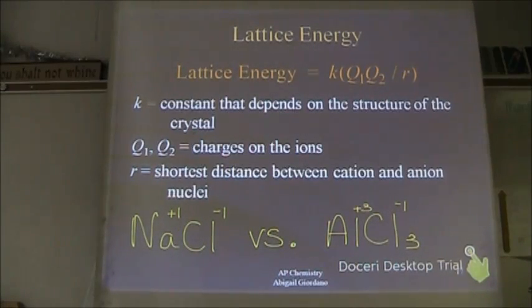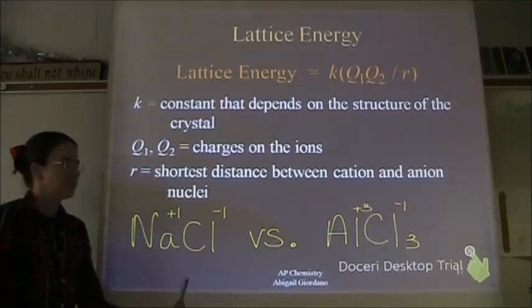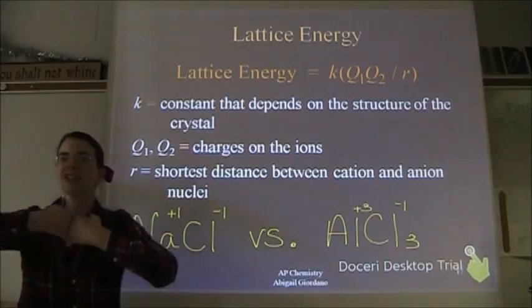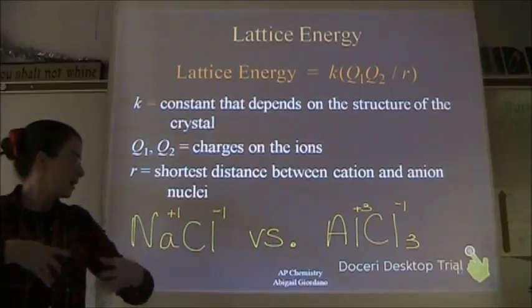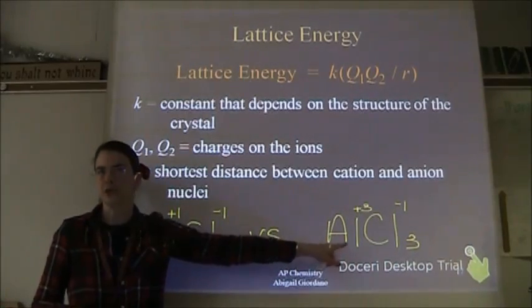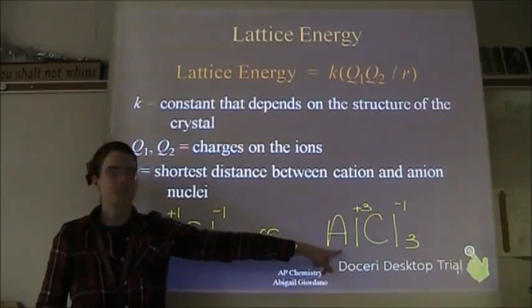What are you really doing? You're breaking bonds. Well, didn't we just say that a crystal of aluminum chloride is held more tightly together than sodium chloride? It should take a higher temperature to melt this guy.